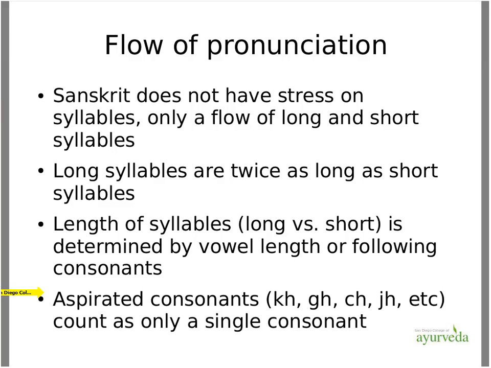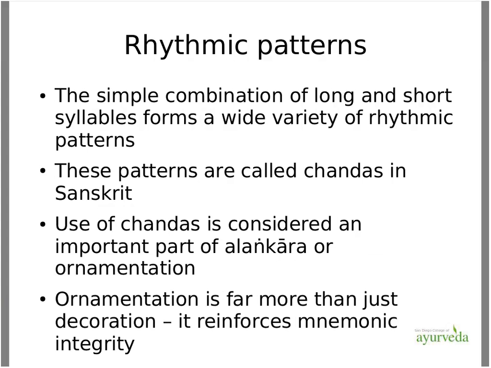The aspiration you can think of as an attribute of that consonant. So these are the basic rules, and these very basic rules actually form the basis of the metrology of Sanskrit verse, and this is true in the Ayurveda literature as well as in yoga literature, bhakti literature, rasa literature, and so on.